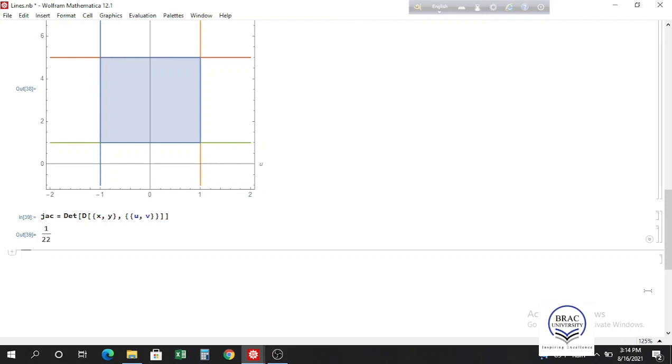Now you can do the integral. Just replace dx dy with 1 by 22 du dv. So write the integral sign for double integral, and u and v are our variables.